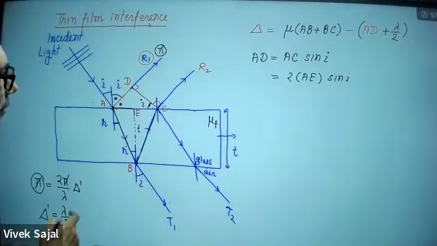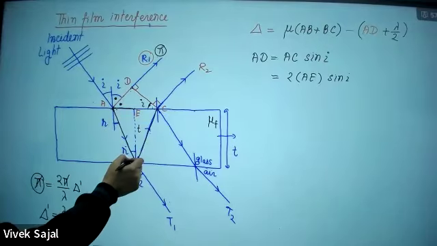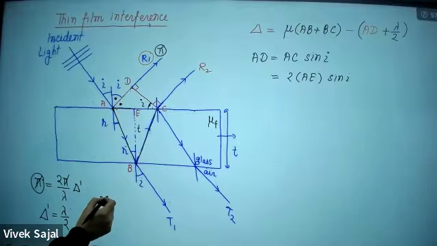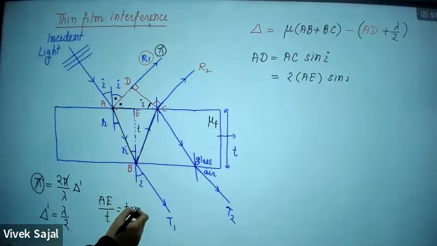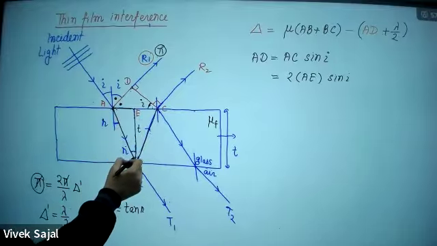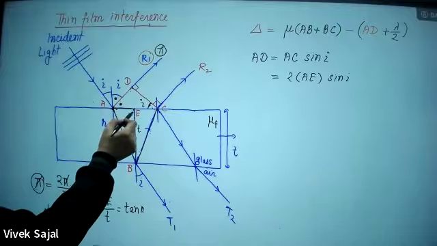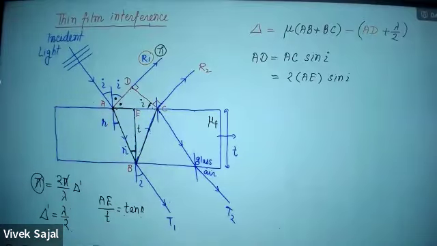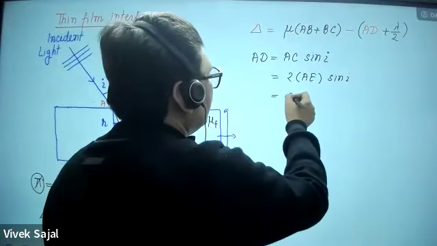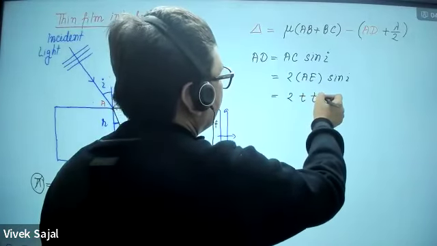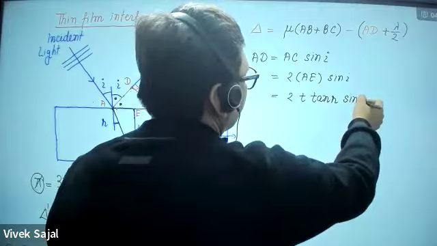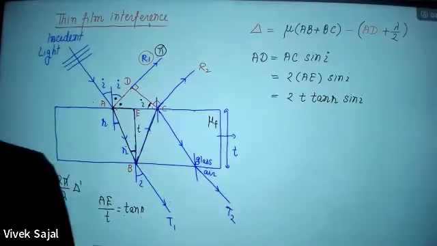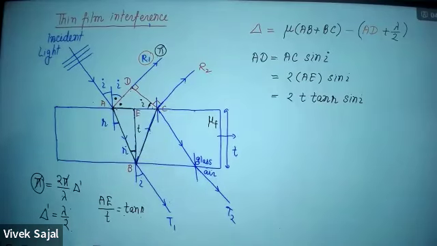This is thickness T. If I write AE upon T, that will be tan R. Look into this triangle: tan R will be AE upon thickness T. So AE will be T tan R. So this will be 2 into T tan R, and this will be sin I. Is it okay up to this point?